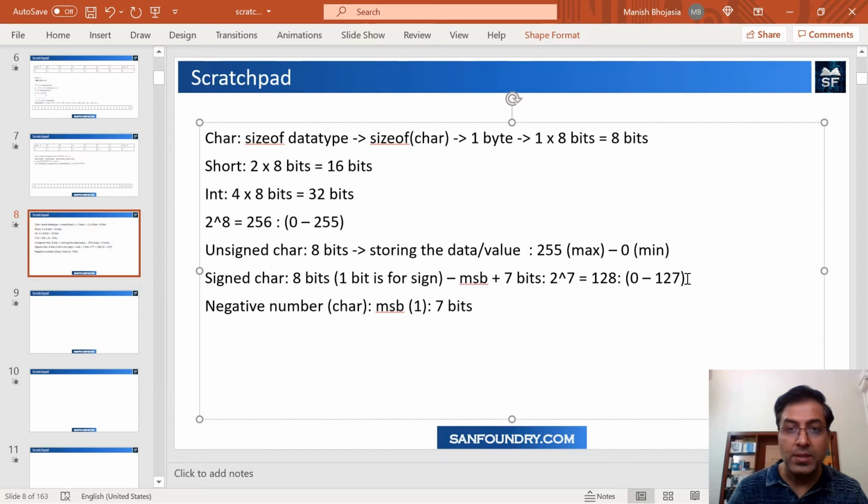Since 0 is covered under the positive sign direction, we still have 2 to the power 7, which again represents 128 values. That 128 starts with -1 and goes all the way to -128.